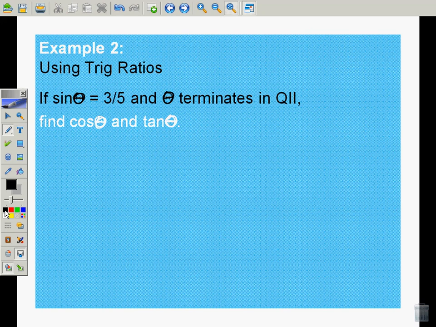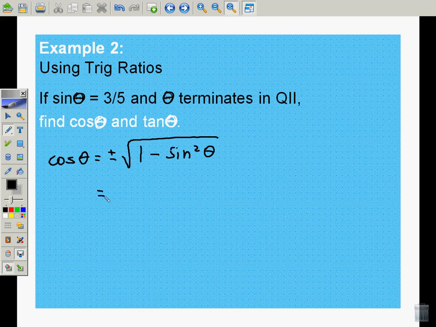Because if I'm trying to find cosine, let's just use the actual formula. So cosine theta is plus or minus the square root of 1 minus sine squared theta. Look at what happens. All I'm doing, guys, is substituting. That's all I'm doing. And I'm using an identity to substitute.